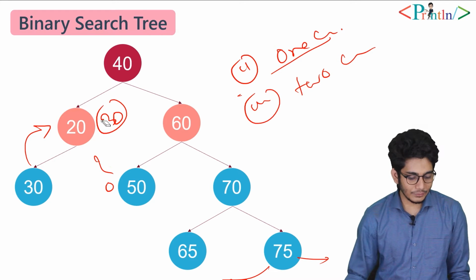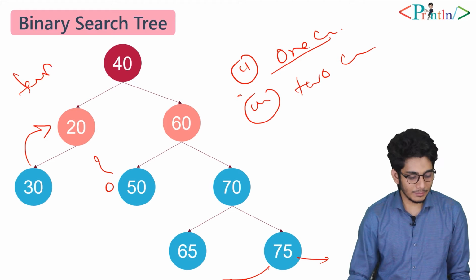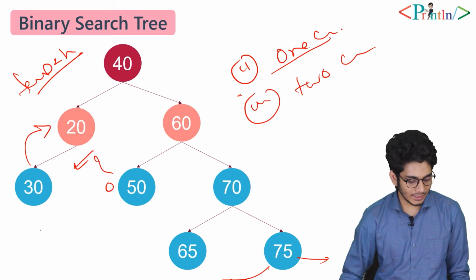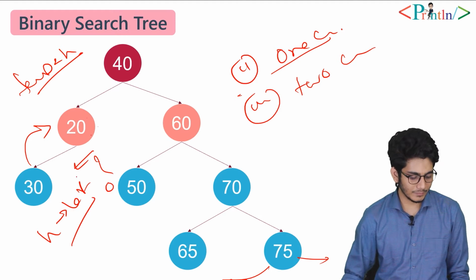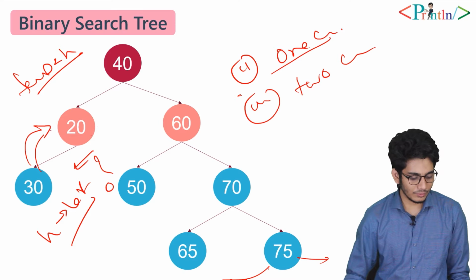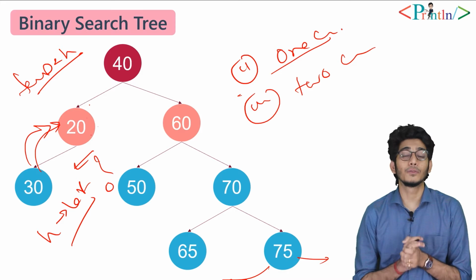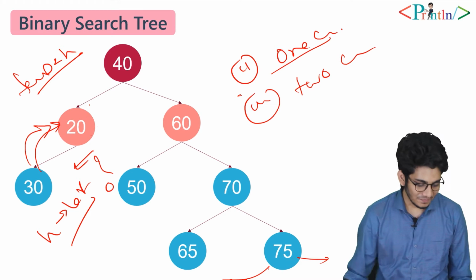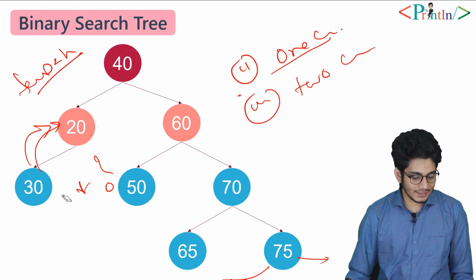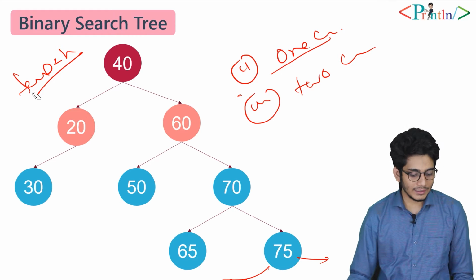Let's say that we take a variable, temp. Let's say this is h. Now we'll store h over here. Now h will be pointing to h left, so 30 will come here. This is how we can perform the deletion for a node which has only one child. So this is the deletion with one child.